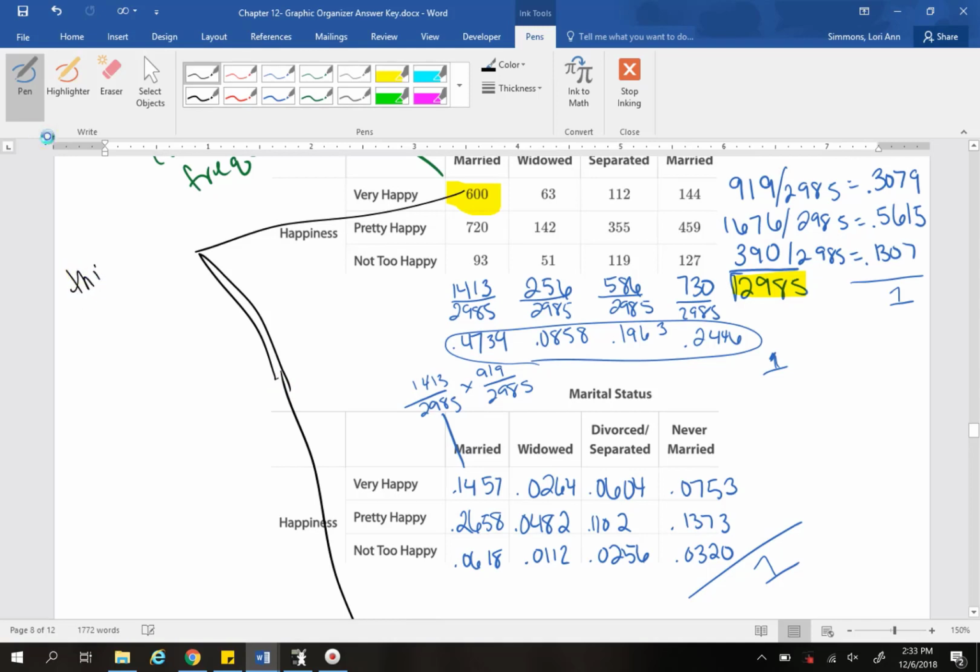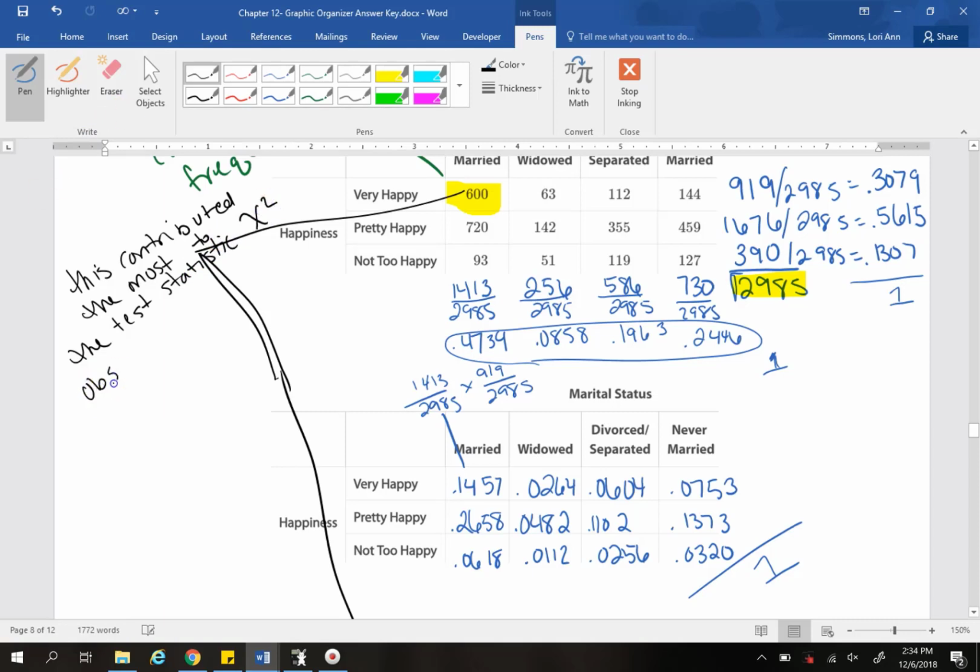This contributed the most to the test statistic chi-square.